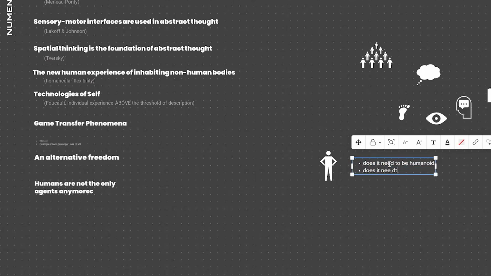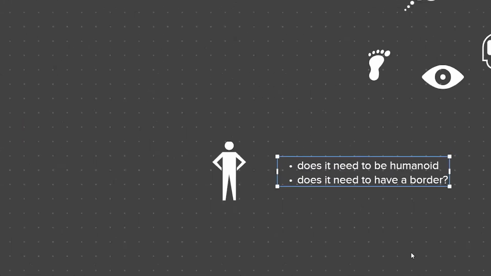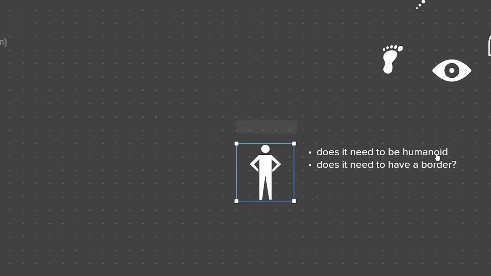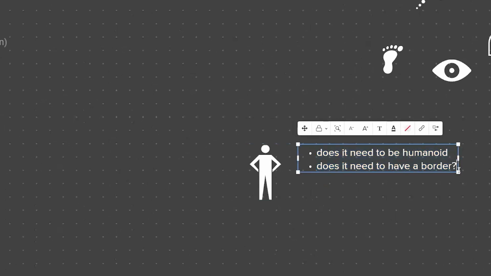Does it need to have a border? If it does not have a conventional border, can our brains cope with that?